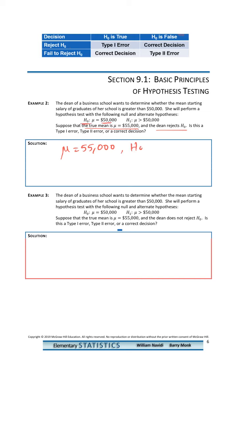So H0 is false and the dean rejects. So this is actually a correct decision.